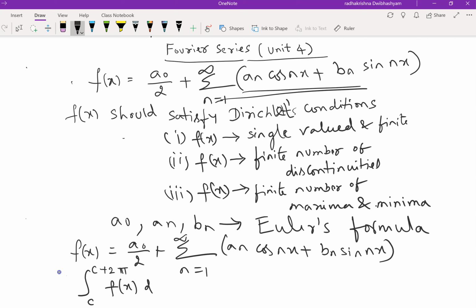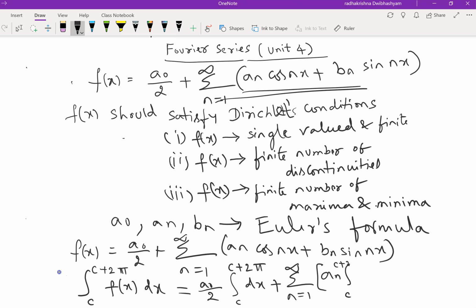Integral of f(x) dx equals a0/2 integral c to c plus 2 pi dx plus summation n equal to 1 to infinity of an integral c to c plus 2 pi cos nx dx plus bn integral c to c plus 2 pi sin nx dx.